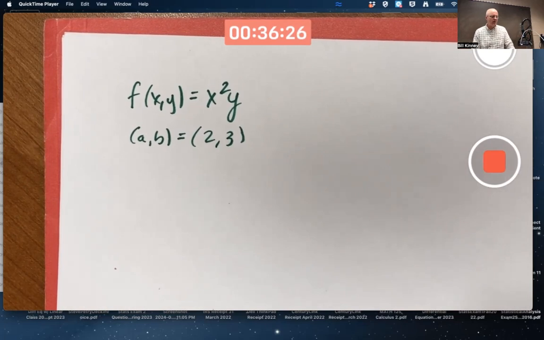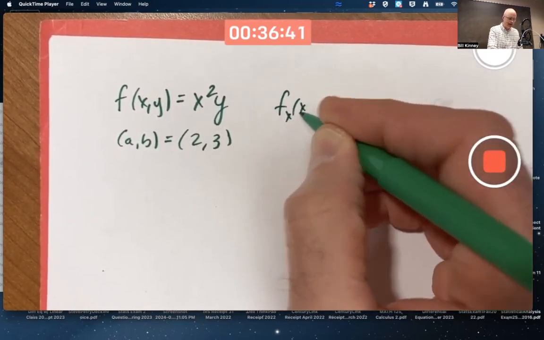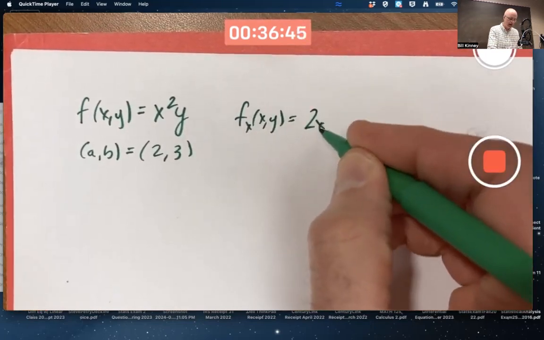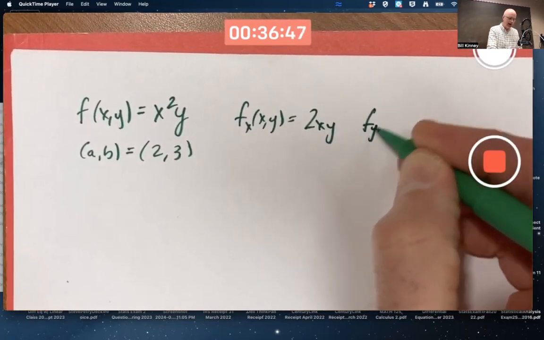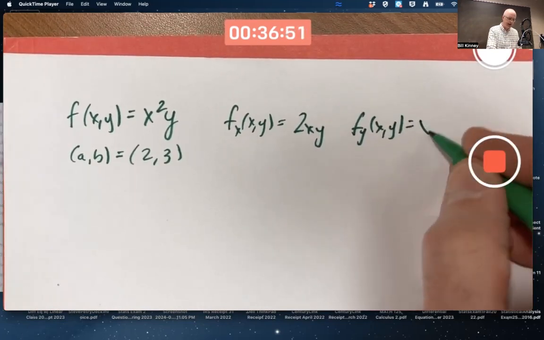What's the local linearization of this function near this point? Also sometimes called the tangent plane approximation in this context. We have to find the derivatives, fx as a function of x and y, differentiate with respect to x, get 2xy, and fy as a function of x and y, differentiate with respect to y, just get x squared.